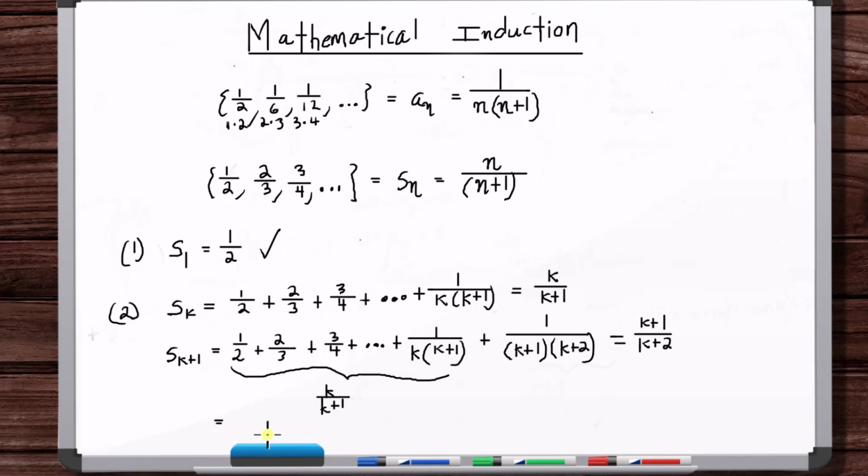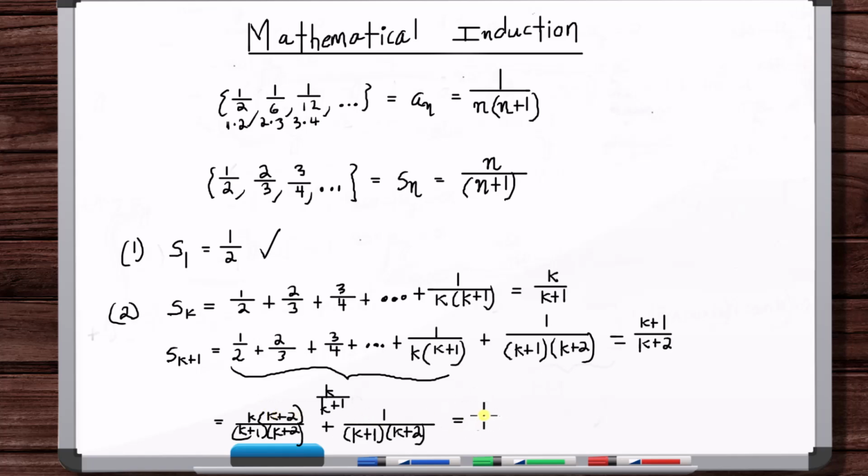Making the common denominator, we would have k times k plus 2 all over k plus 1 times k plus 2, plus the second term. So we can add these two up.